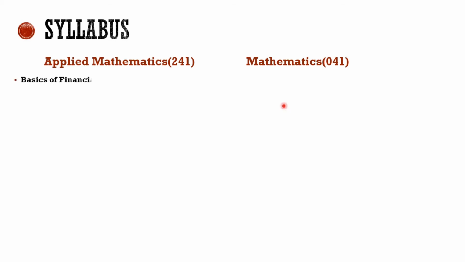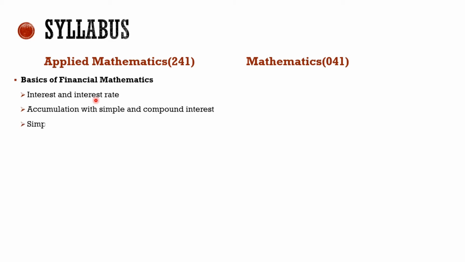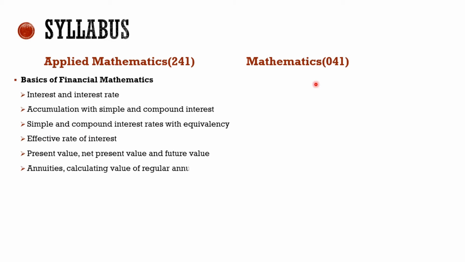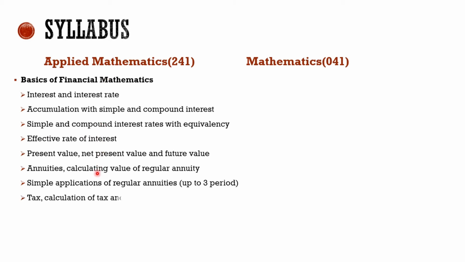Now next, that is commercial mathematics, given here in applied math, and which is not given in mathematics 041. That is an additional chapter given in applied mathematics, especially for commerce students, which is beneficial in future.